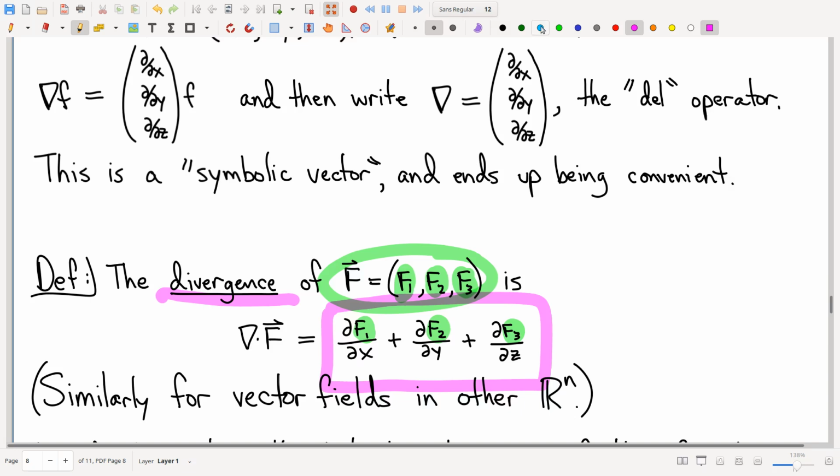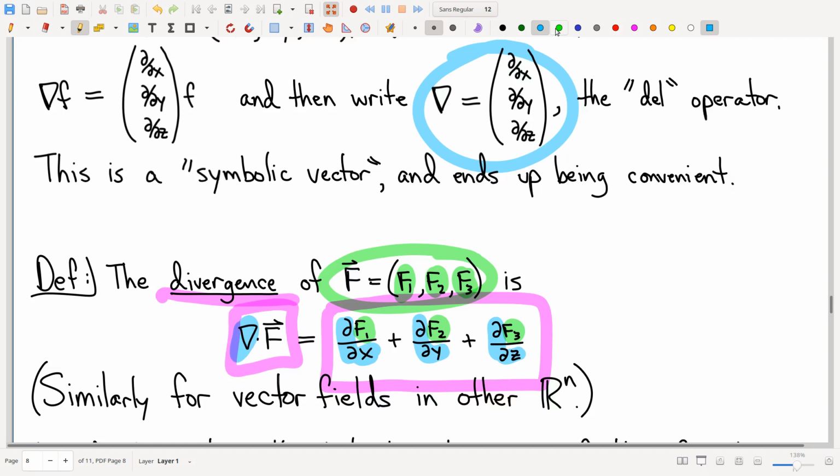You'll notice also that the del operator makes an appearance here: there's the x partial, the y partial, and the z partial. It's like I took the first coordinate of del and applied it to the first coordinate of f, and then the second to the second, and the third to the third, and then added them up. It looks exactly like a dot product. So this is an extremely common, extremely natural notation.